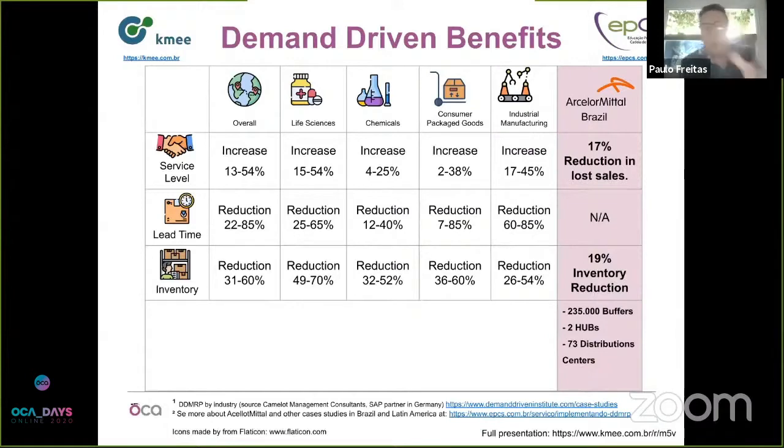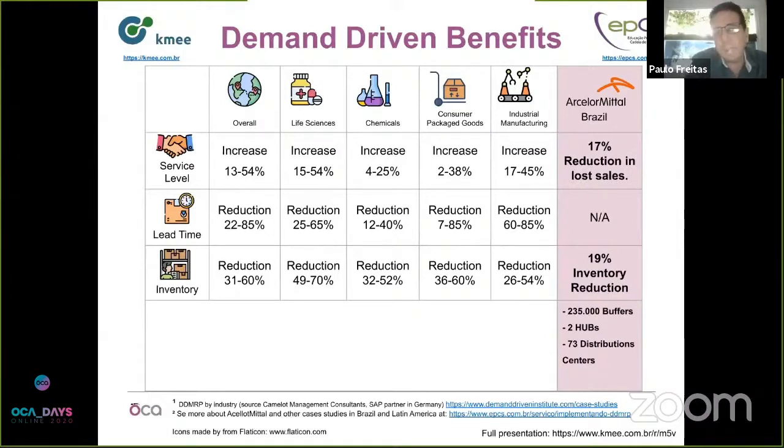You can look up your industry, and in our case in Brazil, we've had one major case study. ArcelorMittal in the steel industry is world famous, the biggest company in the steel industry in the world. At the bottom of this column you can see it's 235,000 buffers, distributed over 73 distribution centers and 2 hubs.